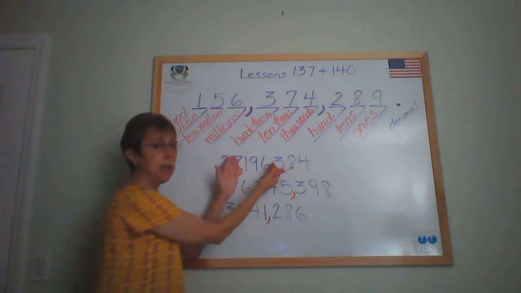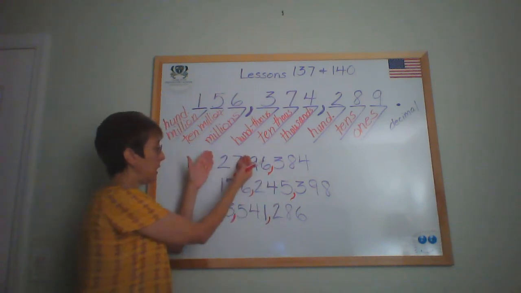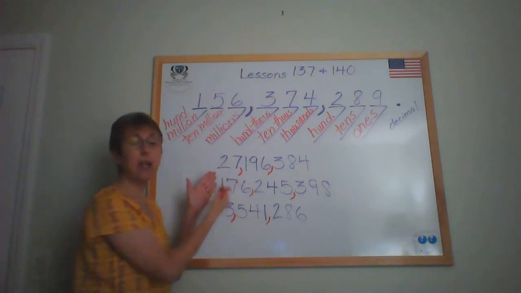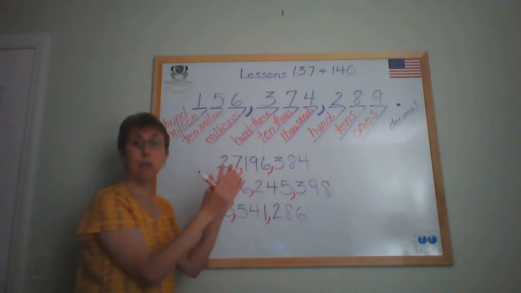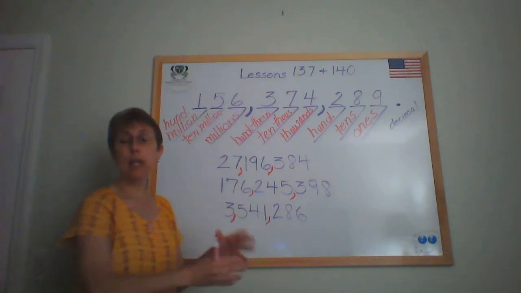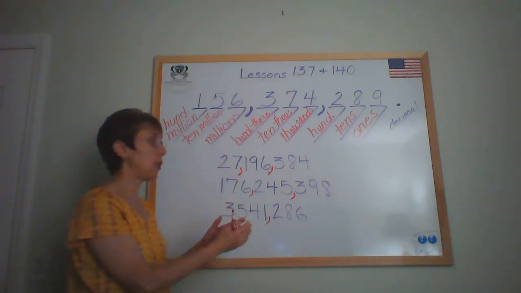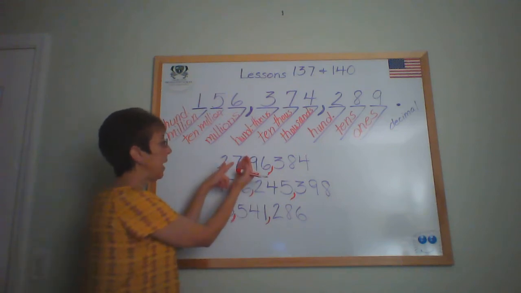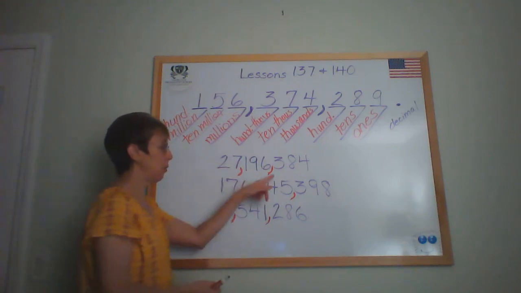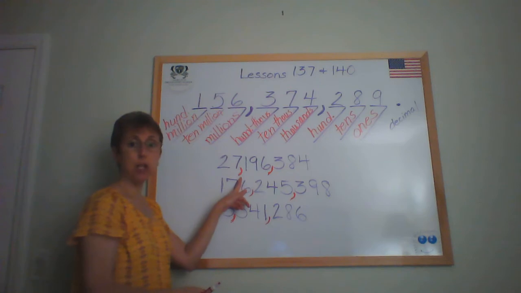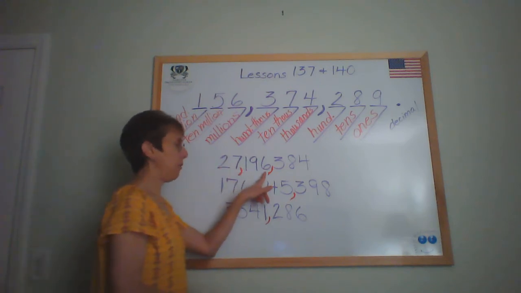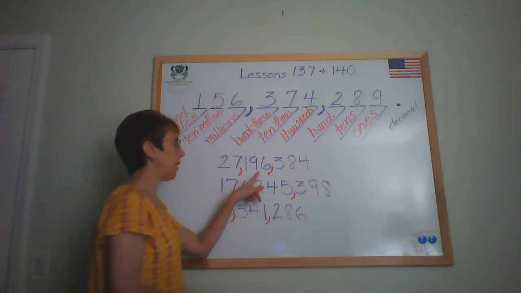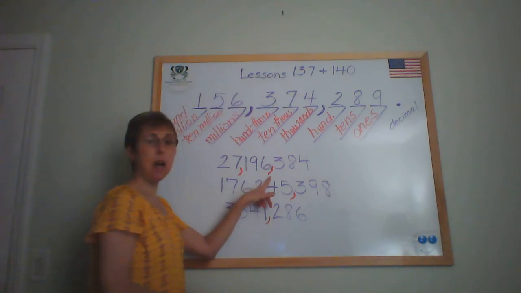That's 196. And these 2 digits, that's 27. That doesn't change. You're looking at your numbers in between your commas and reading it as a 2-digit number or a 3-digit number. Because there are 2 commas, the first comma is millions, so 27 million. Then I have this 3-digit number, 196, and this comma tells me to say thousand.